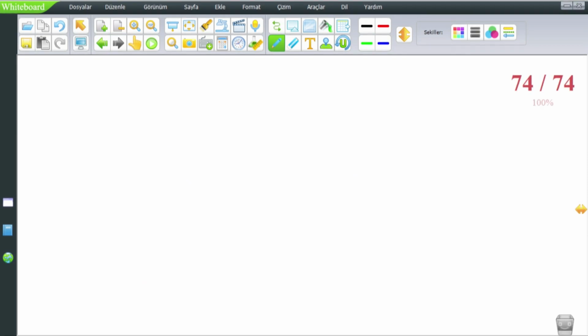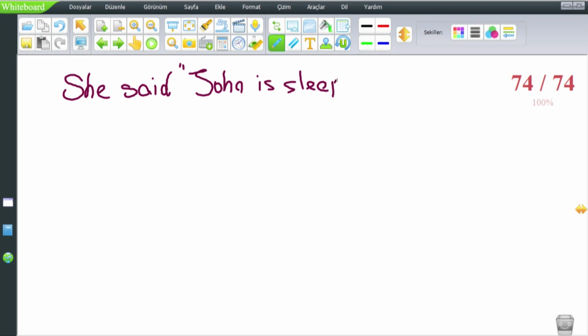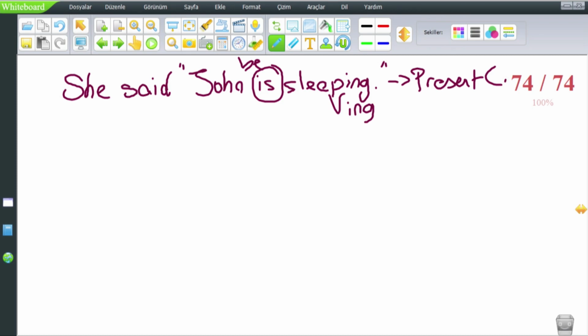For example, she said, "John is sleeping." My tense in direct speech is present continuous. So when I am writing this sentence again using reported speech, my tense will be past continuous.